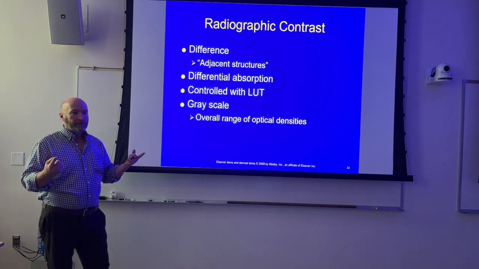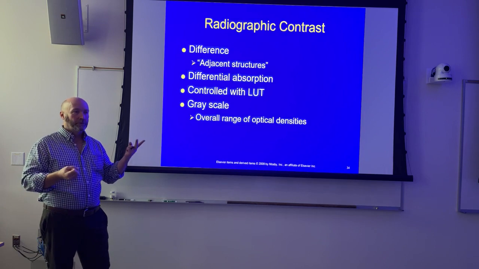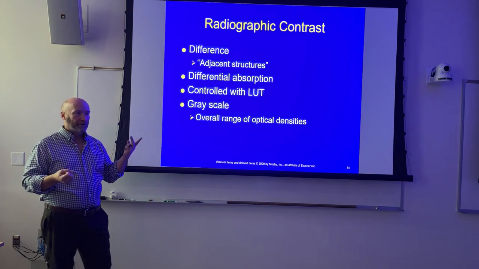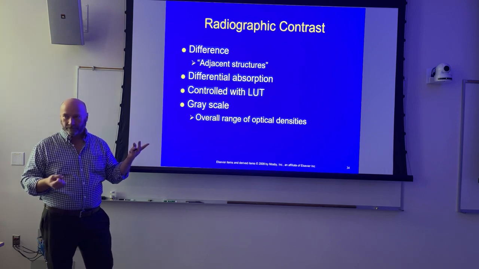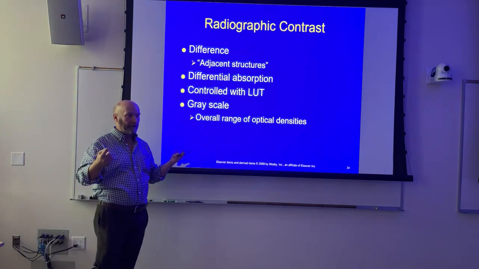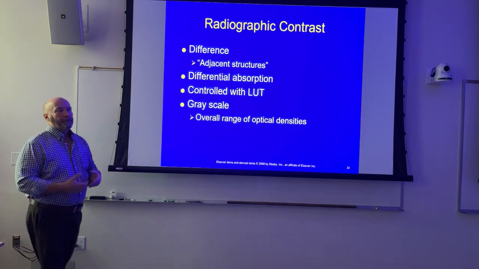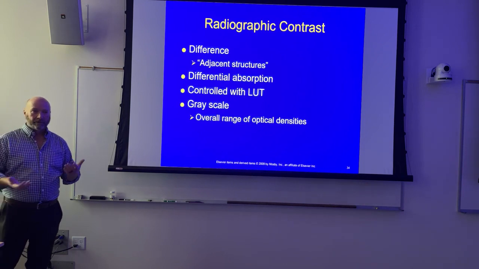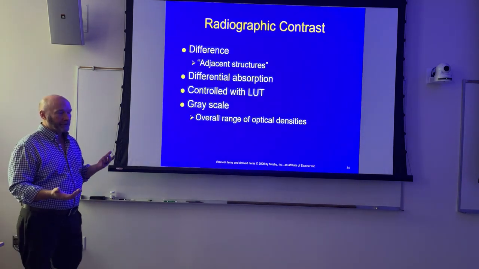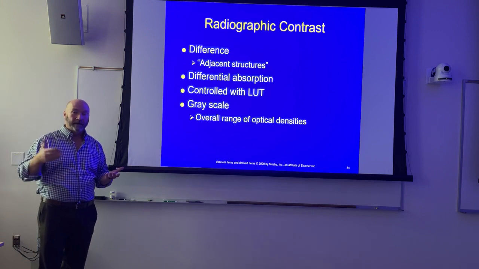If you increase your kVp, you can penetrate air, soft tissue, and maybe not bone. So now you're going to see air, soft tissue, and not air, soft tissue, right? But if you increase your kVp even more, you're going to see air, soft tissue, and bone. So what you're doing there is affecting a change in differential absorption. Differential absorption just means absorption rate in different types of tissue. So kVp controls that.